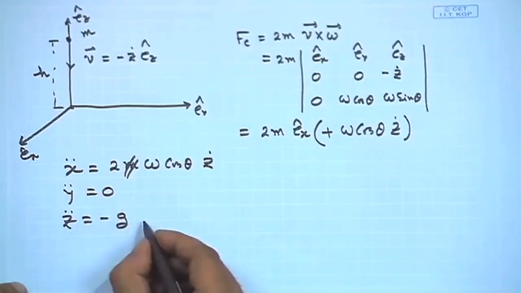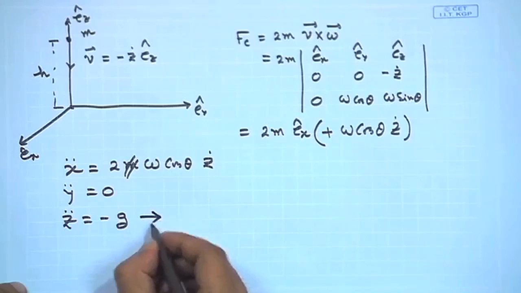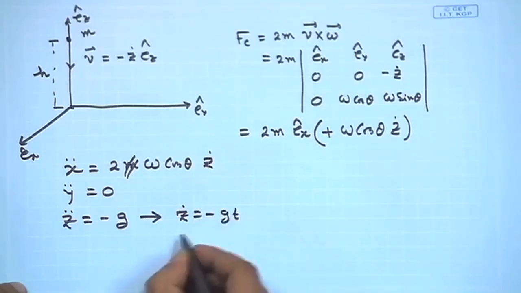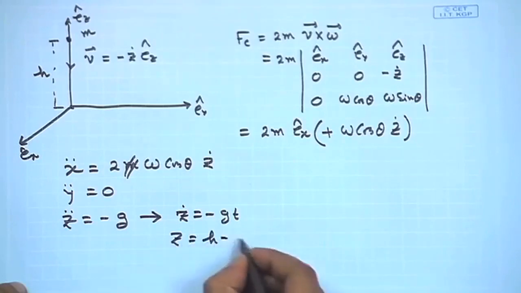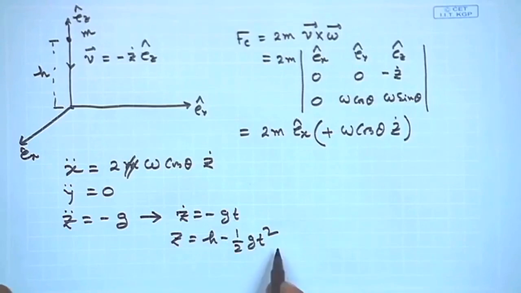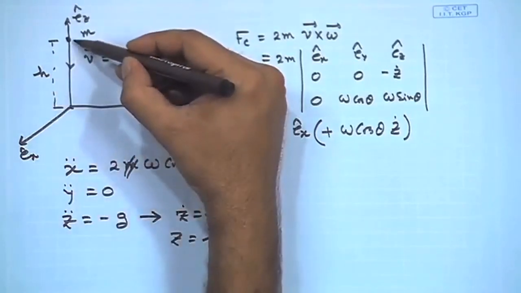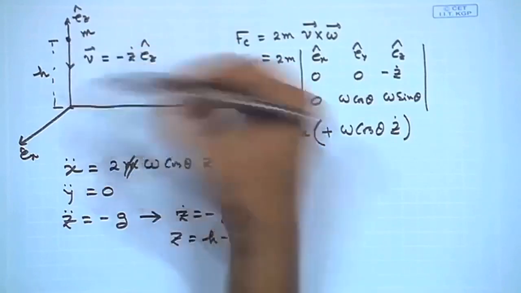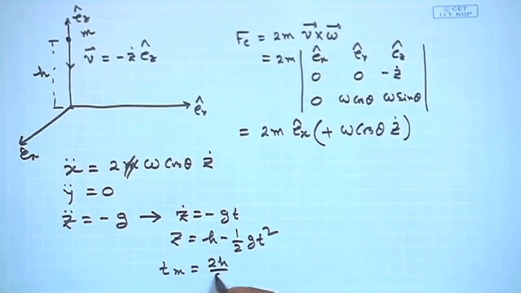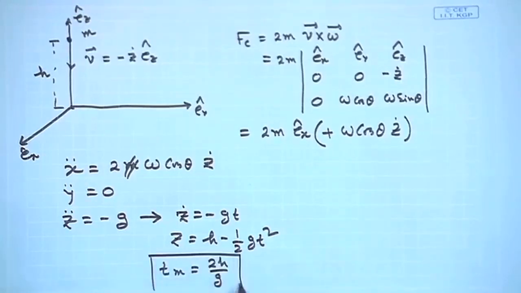Now, for the last relation, if we integrate it, we get z dot is equal to minus gt and z is equal to h minus half g t square. From here we can calculate the time of flight, the time it takes to reach the ground. If we put z equal to 0, we get t max, which is root of 2h by g, right.